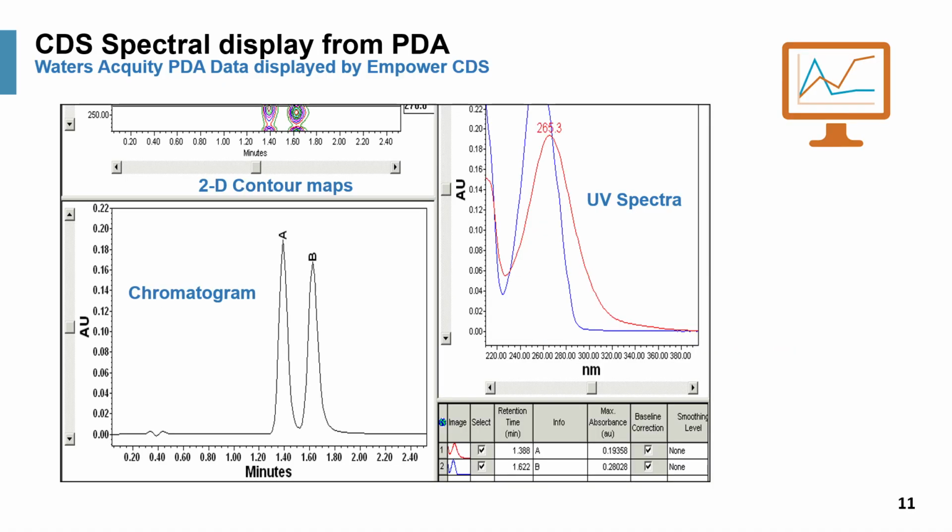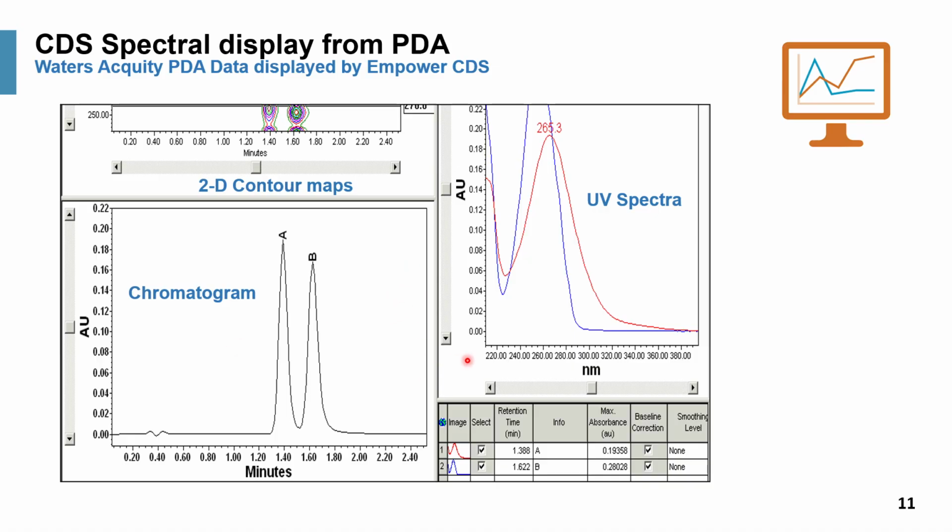This is the chromatography data system display from Empower, which is the Waters primary CDS. Shown here is a contour map where the spectral data from the photodiode array device, which captures the entire UV spectrum, and one can move the cursor of the wavelength selection to give you a different chromatogram at a specific monitoring wavelength by moving it around.